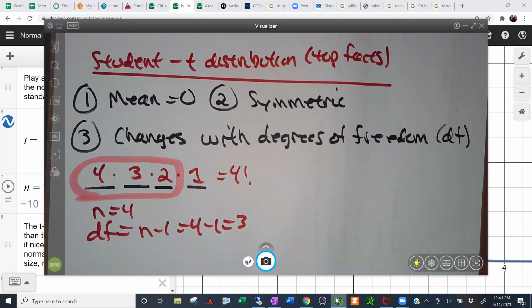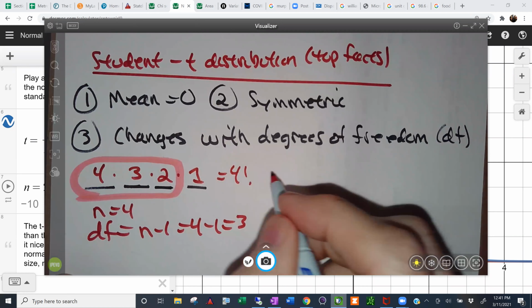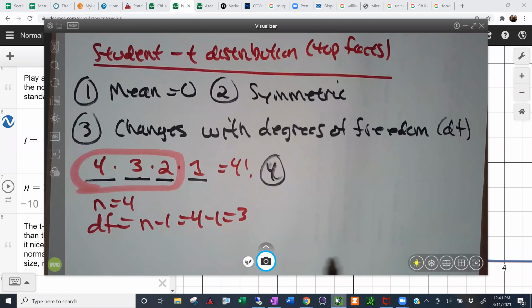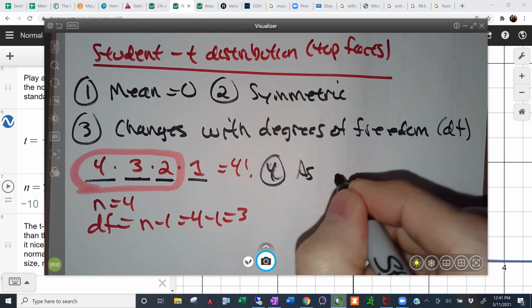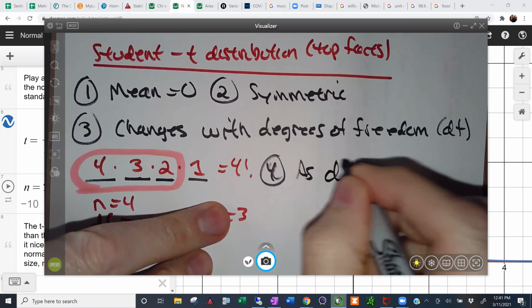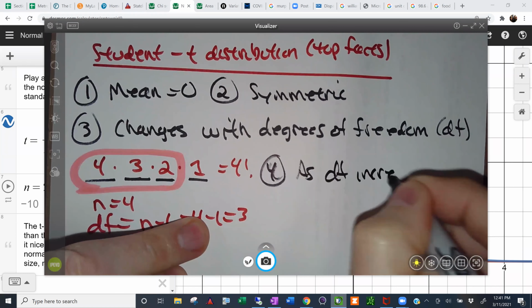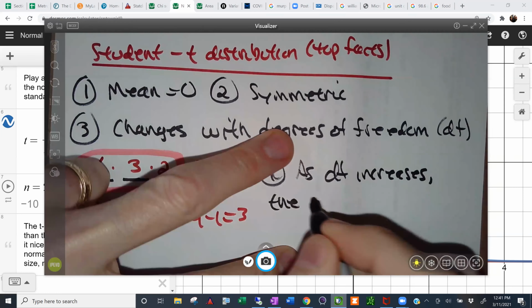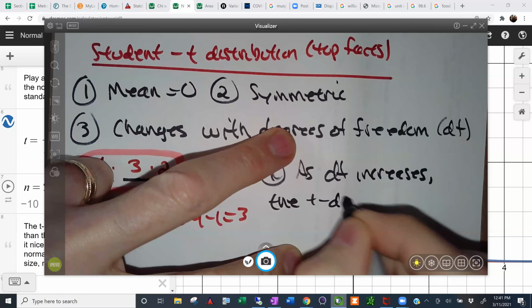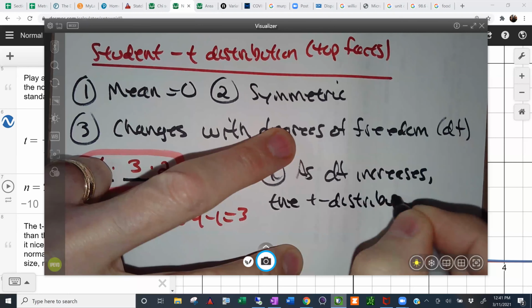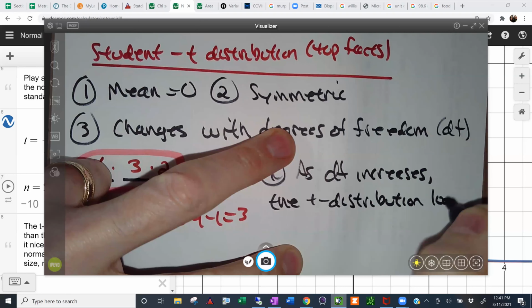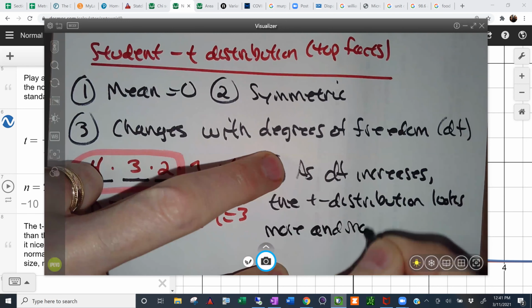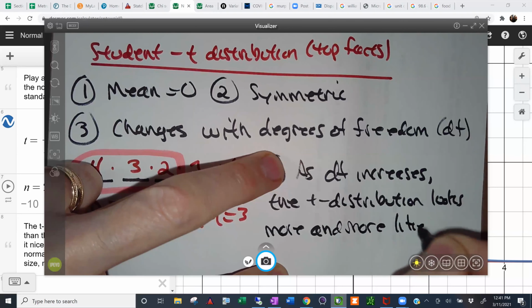So let's write that down as well. As degrees of freedom increases, the t distribution looks more and more like the z distribution.